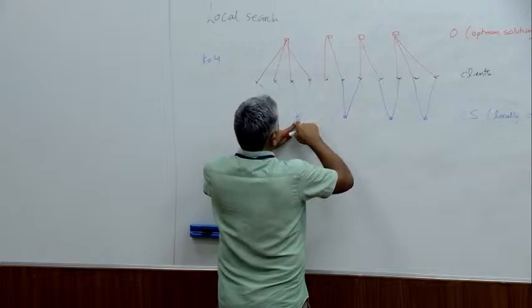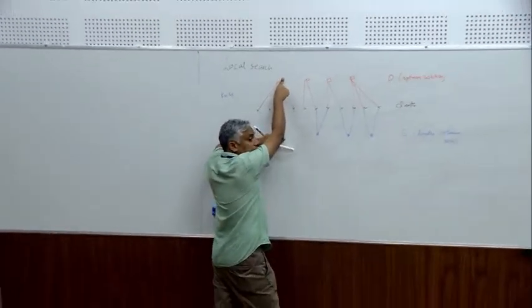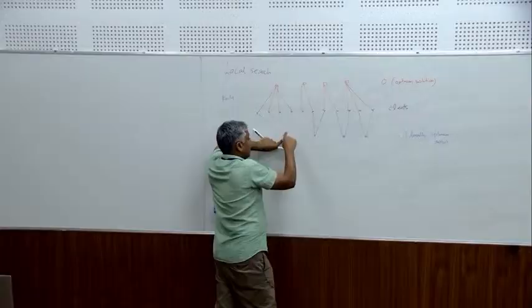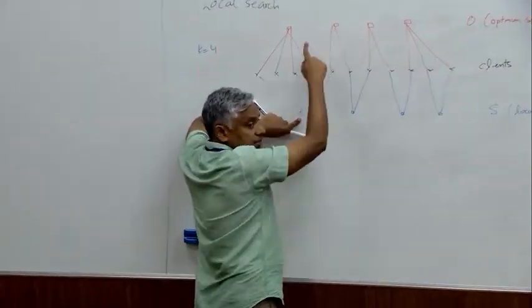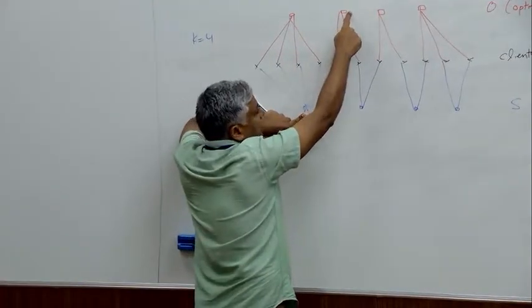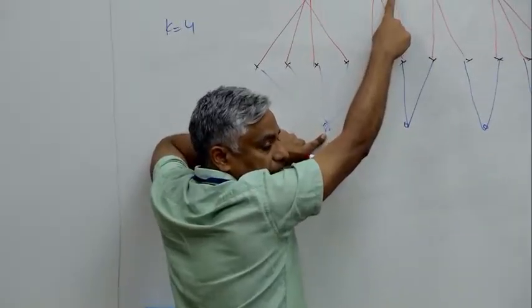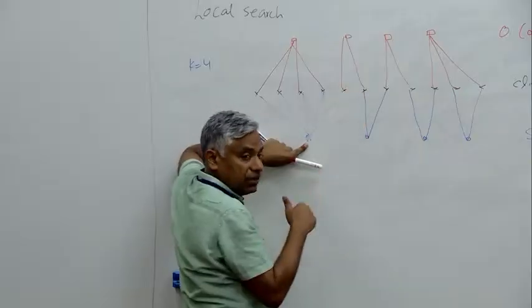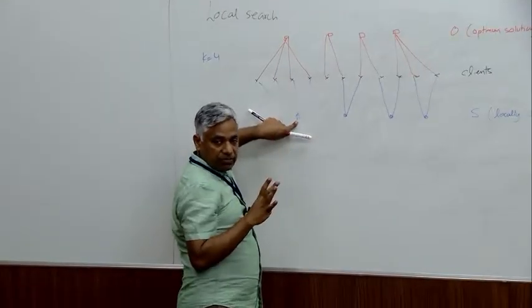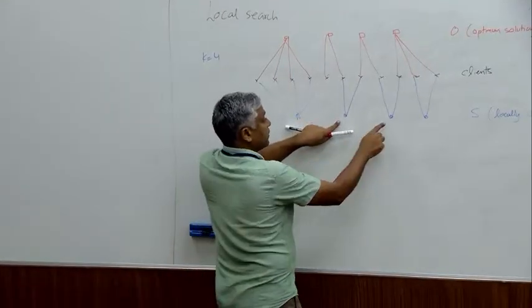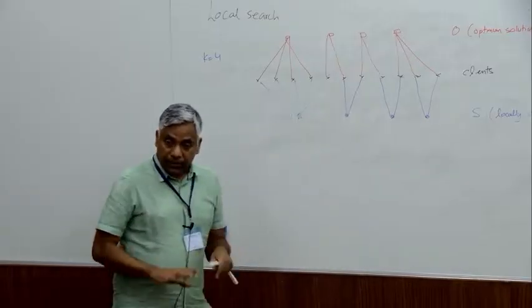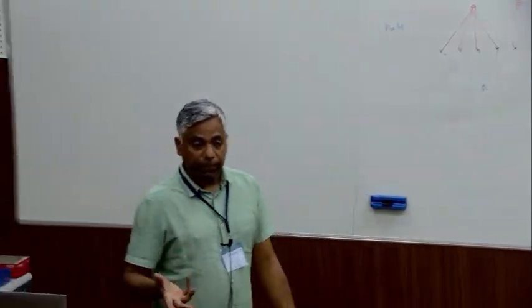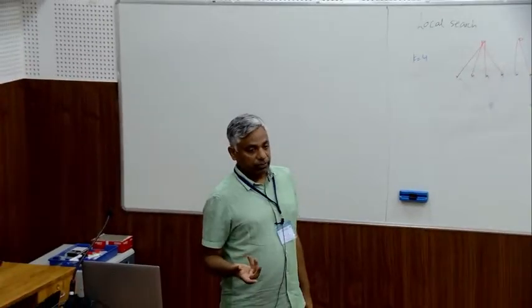I tried shutting this and opening this, and that did not give me an improvement either. I tried shutting this and opening any one of these, and none of them gave me an improvement. And ditto for this, and ditto for this, and so on. That's what a locally optimum solution is. No pair gave me an improvement.